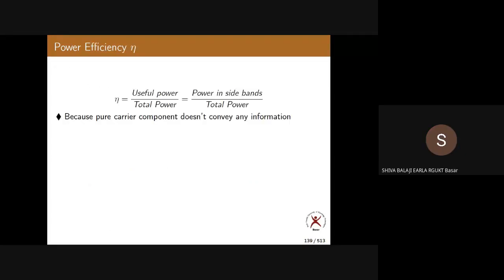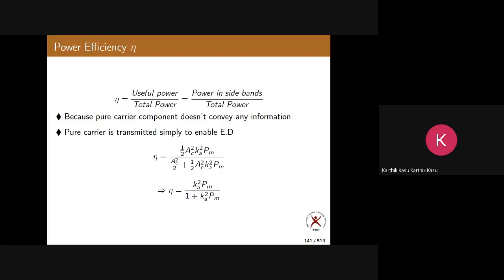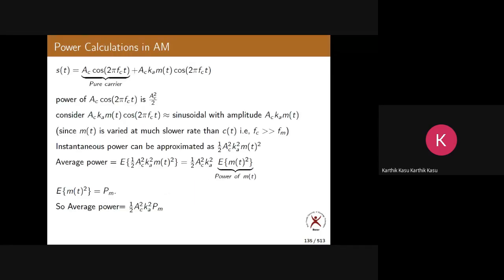To go for a longer distance, to reach a longer distance? No, not so. See, one important thing: we already have a carrier here. This is also a carrier. What is this? AC cos 2 pi f ct. We have a carrier again. Are you with me?